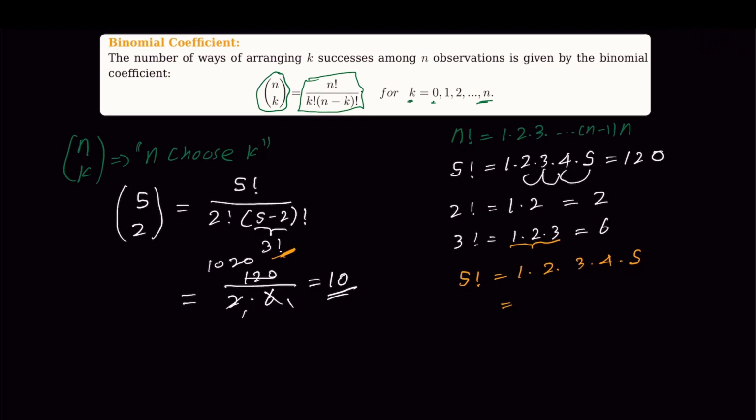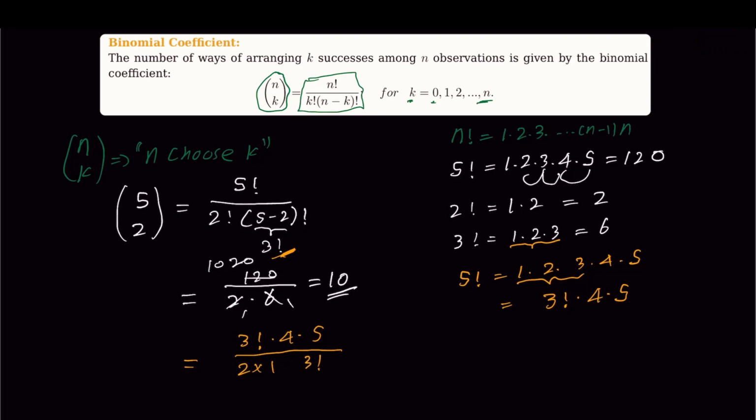Then I can write for this factorial 3, then I write the rest of the elements times 4 times 5. So let me write this here. Factorial 5 can be written factorial 3 times 4 times 5 divided by, then factorial 2 is 2 times 1, and factorial 3 I leave that way, factorial 3.